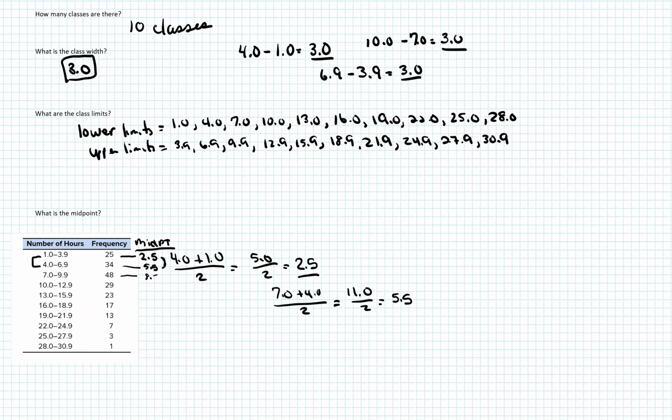So this midpoint is going to be 8.5, 11.5, 14.5, 17.5, 20.5, 23.5, 26.5, and 29.5.